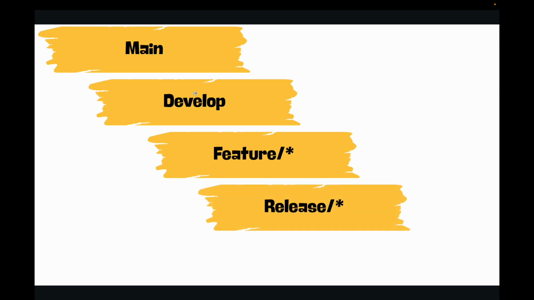Then you may have a release branch, which is for preparing any new releases. Then you will have the hotfix branches, which is for any urgent bug fixes directly on your main branch. Now this is powerful for managing complex releases, but its complexity can be overkill for smaller or more agile teams. This requires discipline.